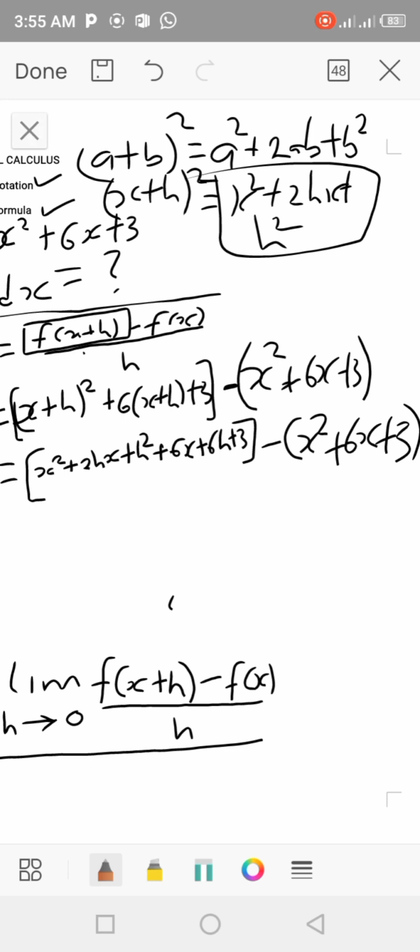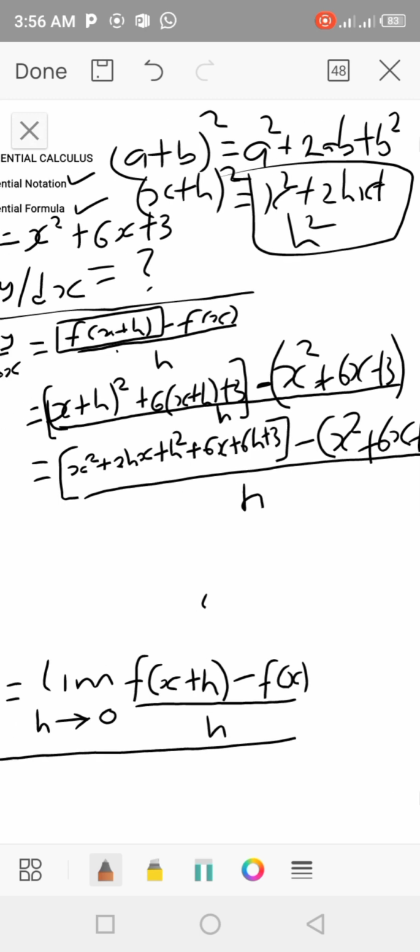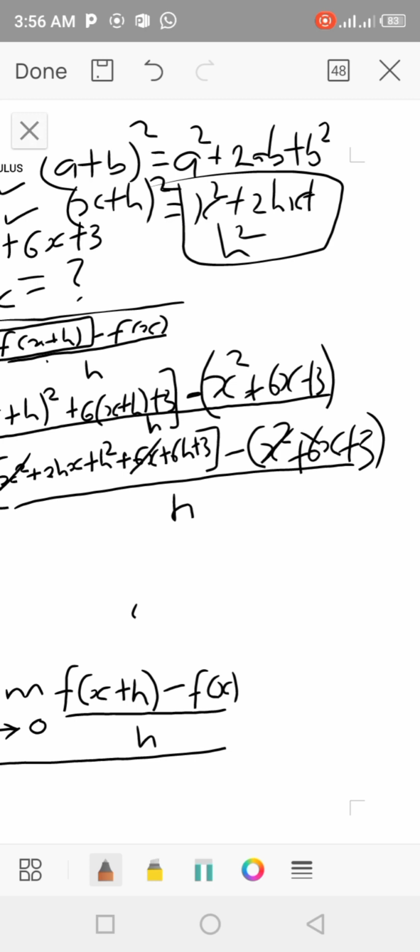So remember, all will be divided by h. Please don't forget. All will be divided by h. Like here also will be divided by what? By h. And that is going to be equal to x squared minus x squared, 6x minus 6x, and 3 minus 3.